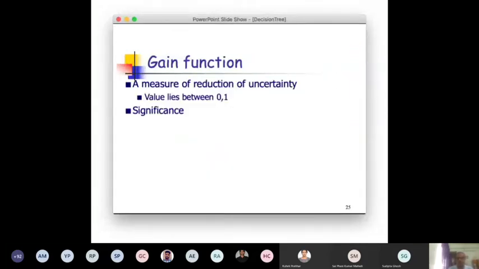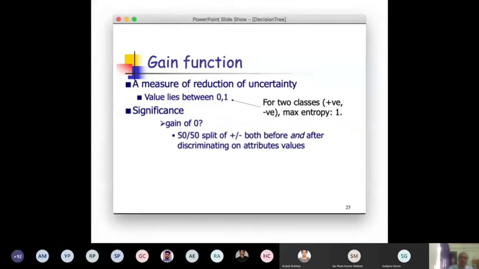So the gain function that I mentioned is a measure of reduction of uncertainty, and its value lies between 0 and 1. Here, when you have a two-class split, meaning you have two class labels, a gain of 0 means, as I was mentioning, 50-50 splits of both positive and negative examples in the partitions.